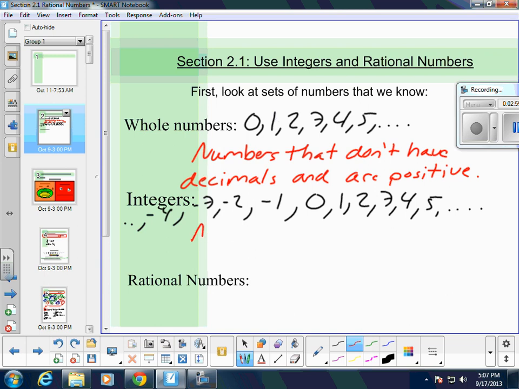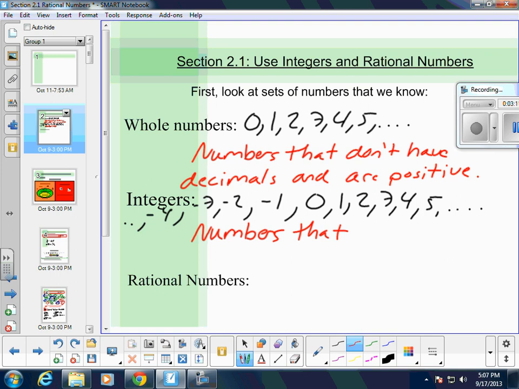So integers, sometimes we'll start off with almost the same definition here again. And if you're taking notes along with me, these would be things you would write down. I'd want you to put the list of these numbers, and also what I have in red here is a small definition.